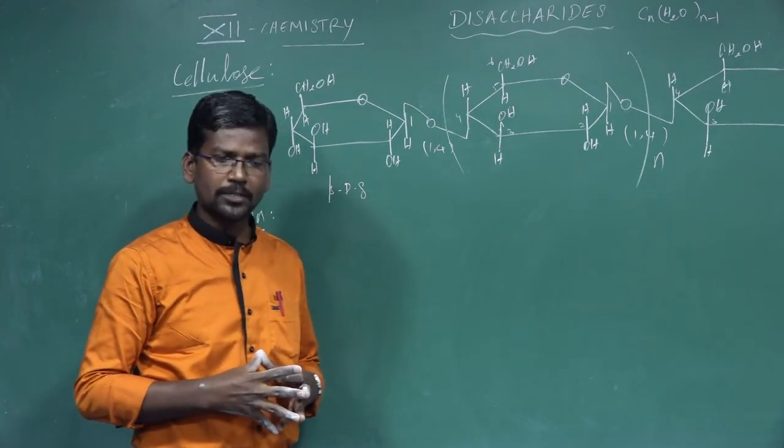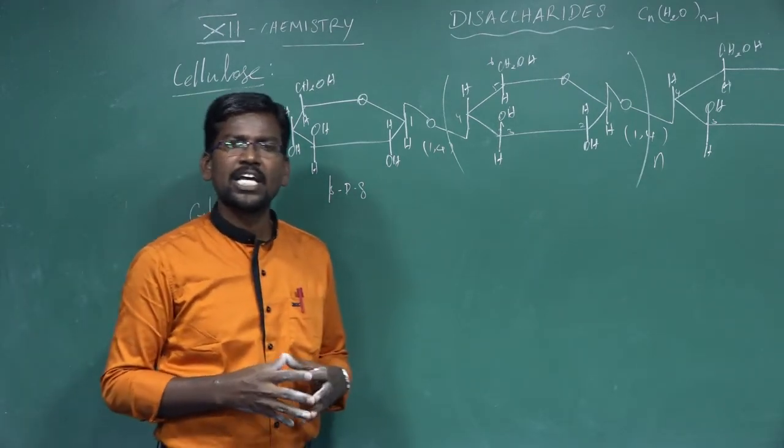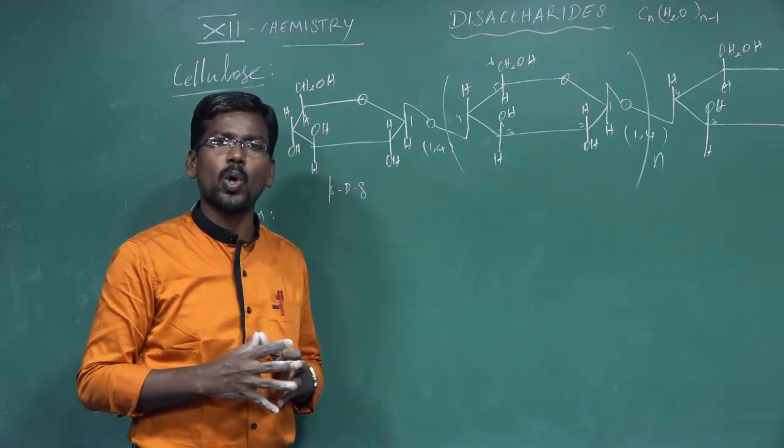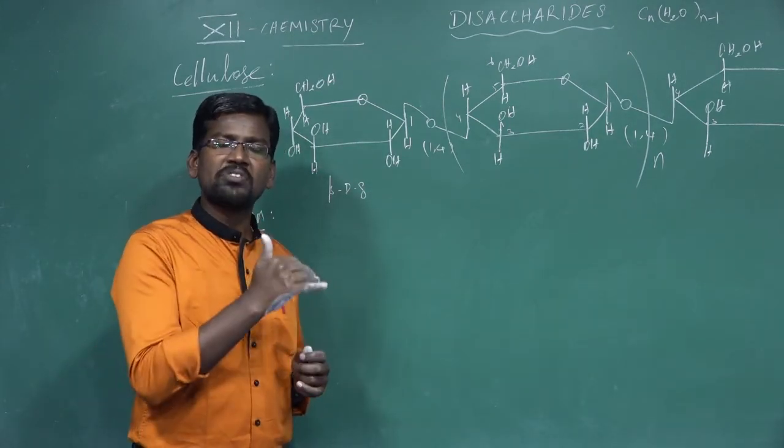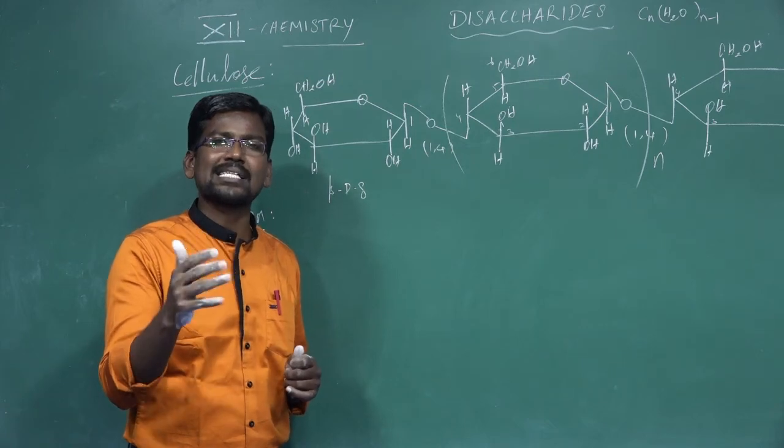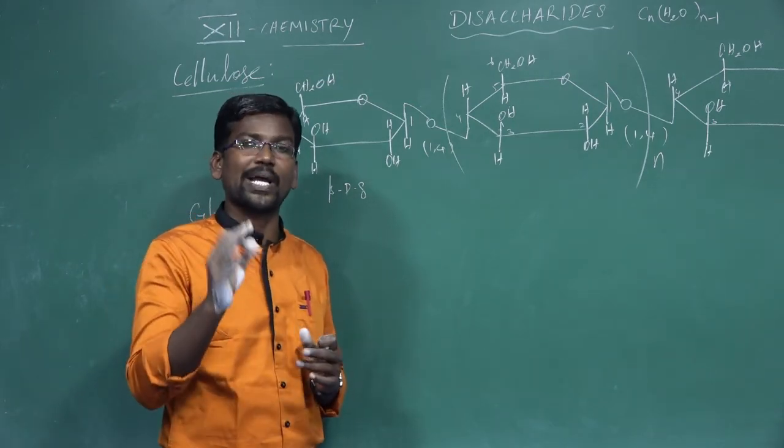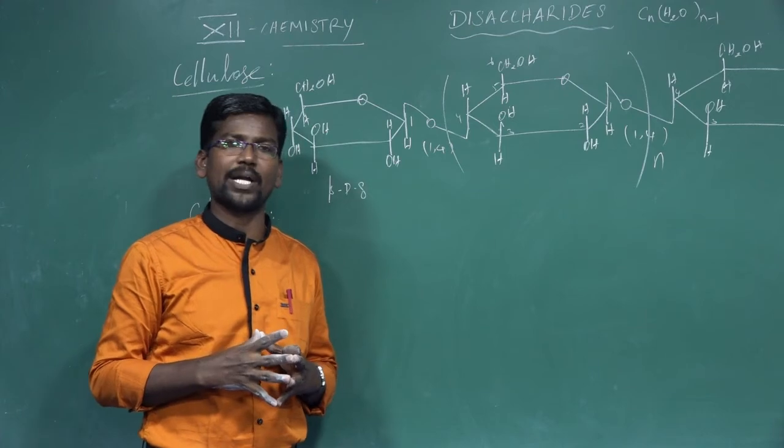Okay. The next one, glycogen is structurally similar to amylopectin, because this molecule also exists as a branched chain compound. Glycogen is similar to amylopectin.